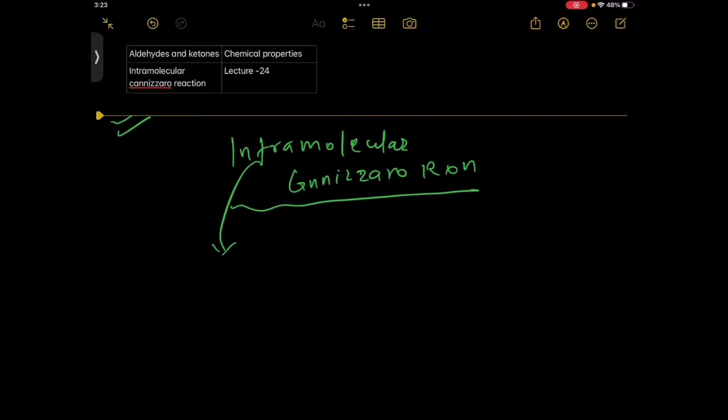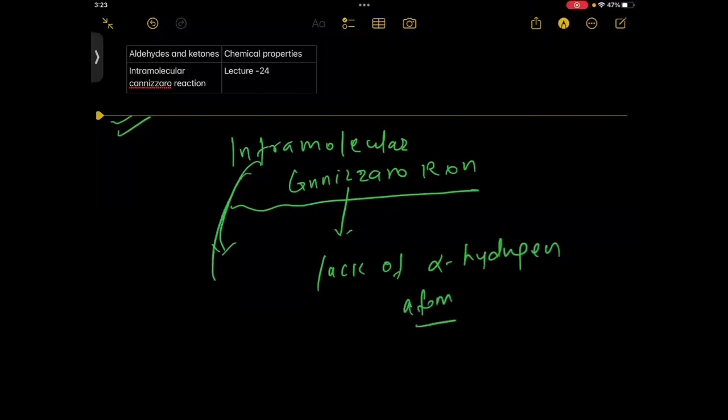Whenever we talk about Cannizzaro, it means lack of alpha hydrogen atom. That is the Cannizzaro reaction. Intramolecular means within the same compound.